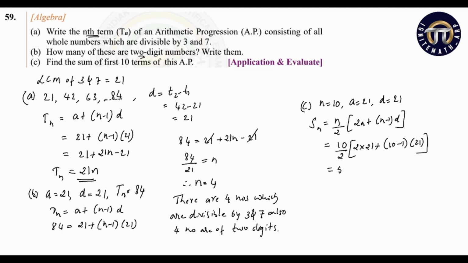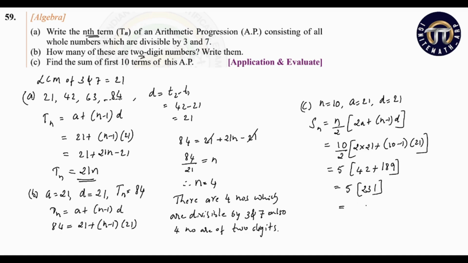So I get this as 5, then 42 plus 9 into 21, which is 189. So I get this as 5, and when you add this, 11, then here I get this as 231.